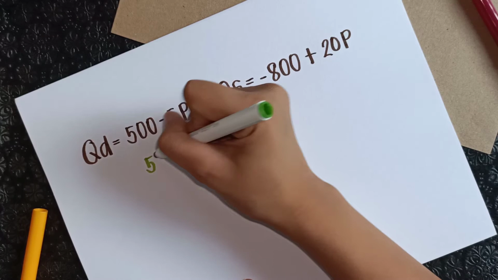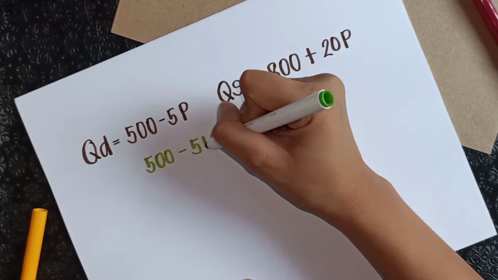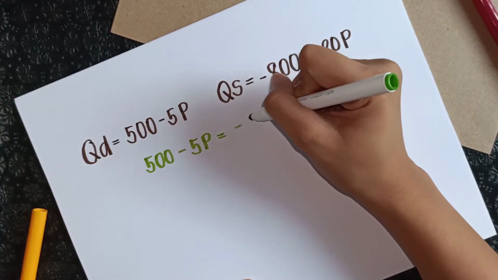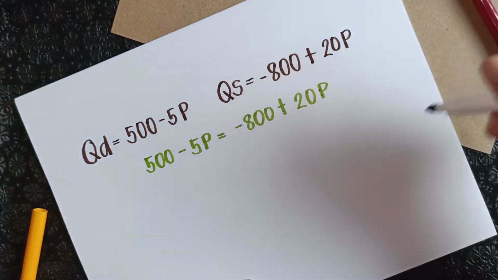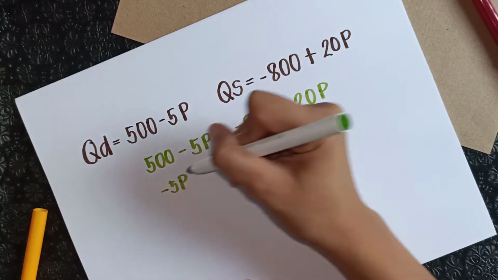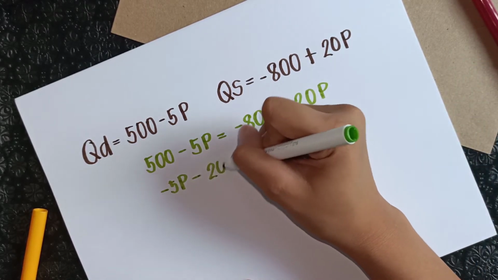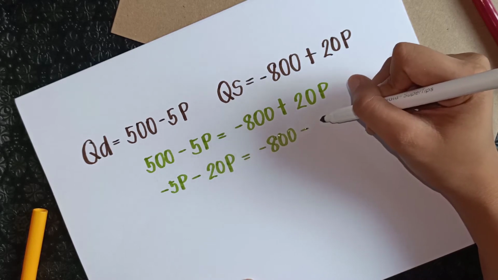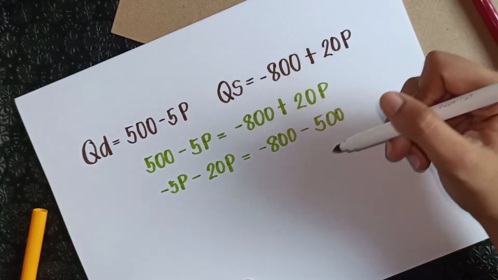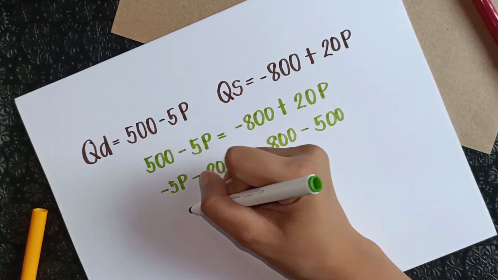We first substitute the values for QD is equal to QS, so just copy 500 minus 5P is equal to negative 800 plus 20P. Transpose the values, so negative 5P minus 20P is equal to negative 800 minus 500. So we add up.